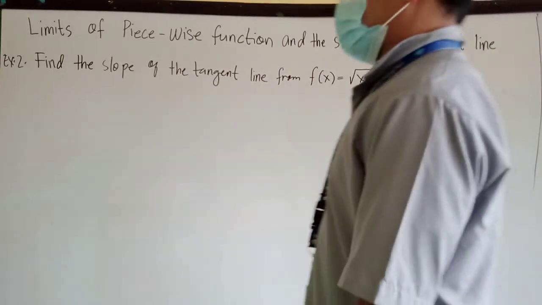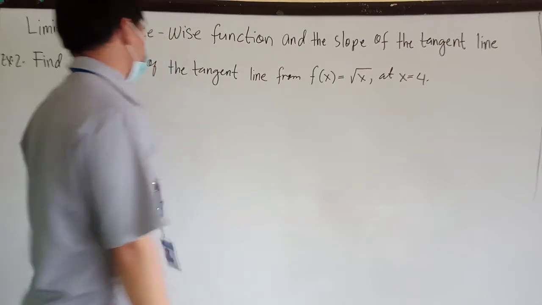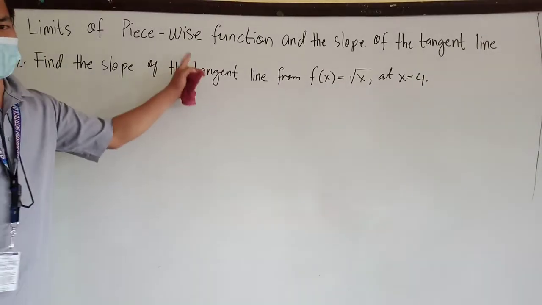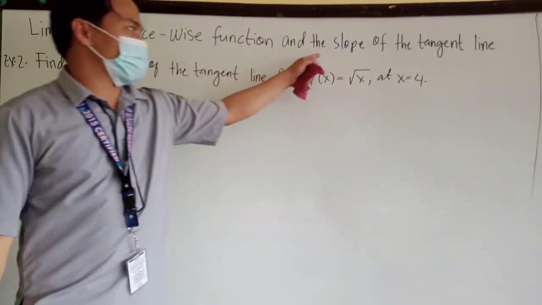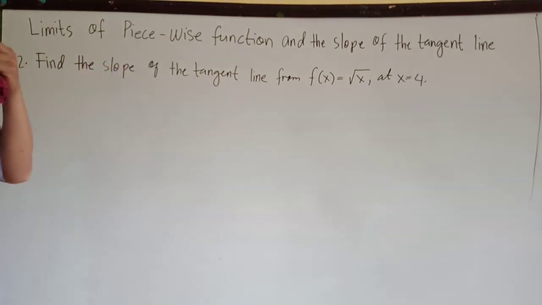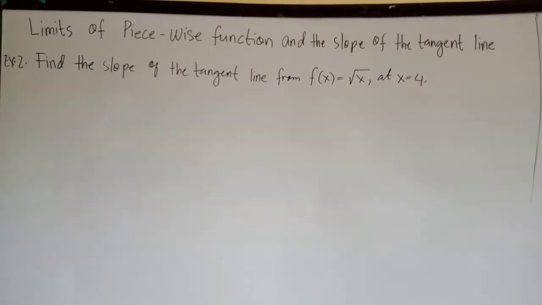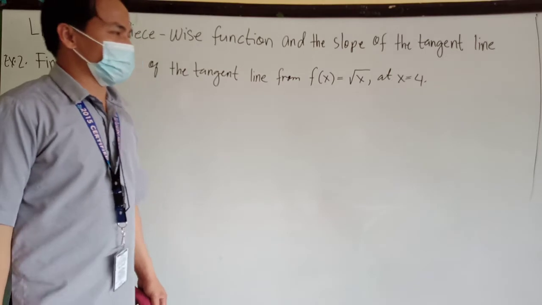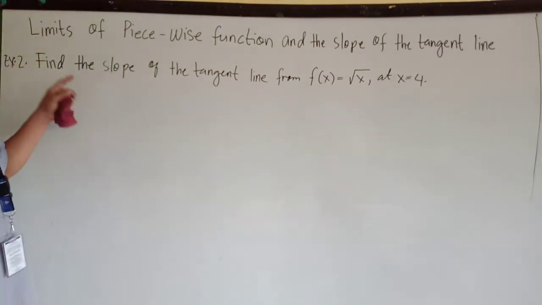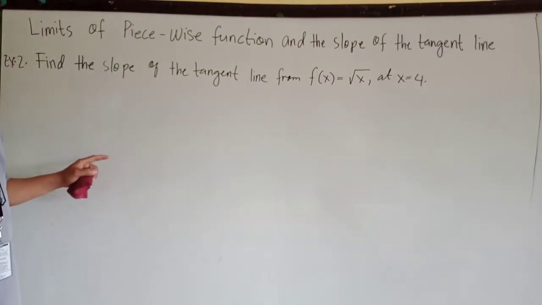Okay, so we have here the second example. We have finished the limits of the piecewise function, and we will now continue with finding the slope of the tangent line. Example number 2: find the slope of the tangent line of f of x equal to square root of x, given that x is equal to 4. Our concern is only the slope of the tangent line.